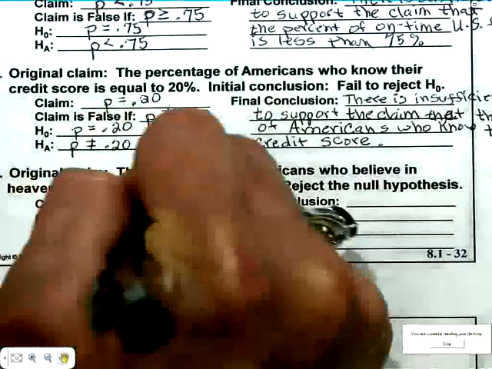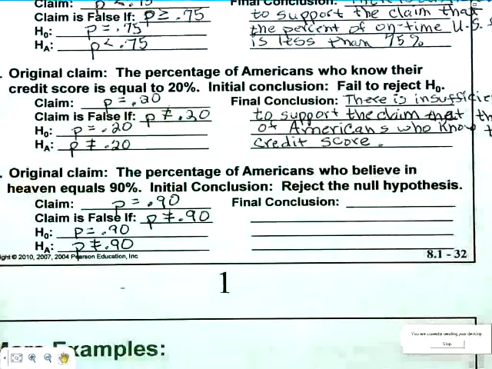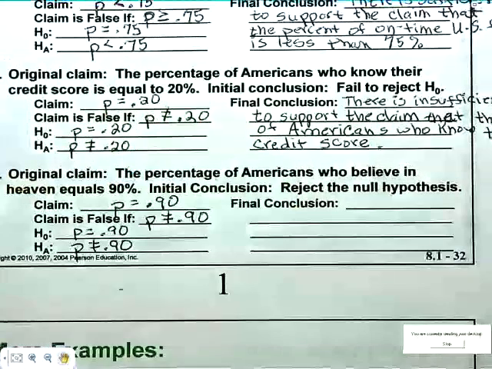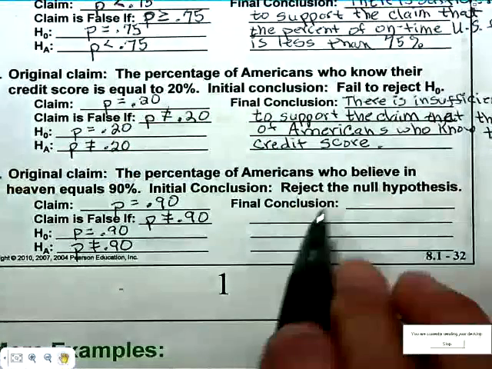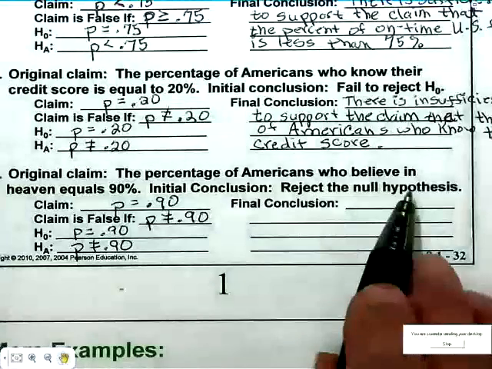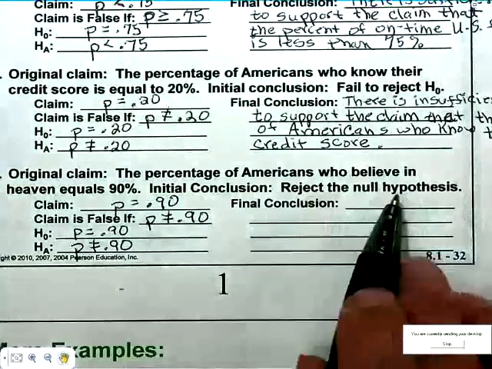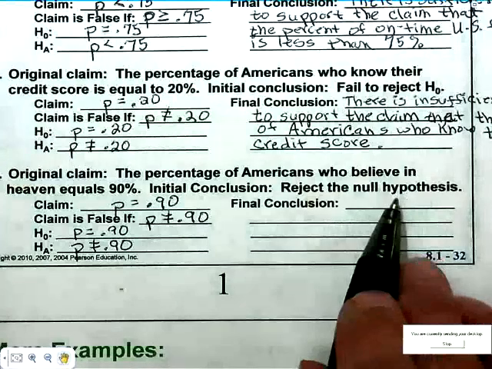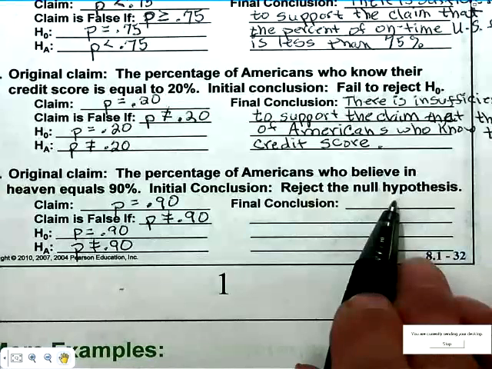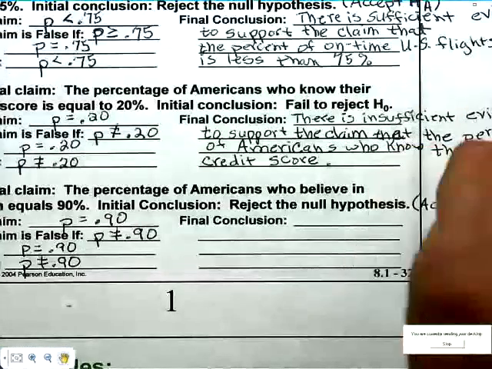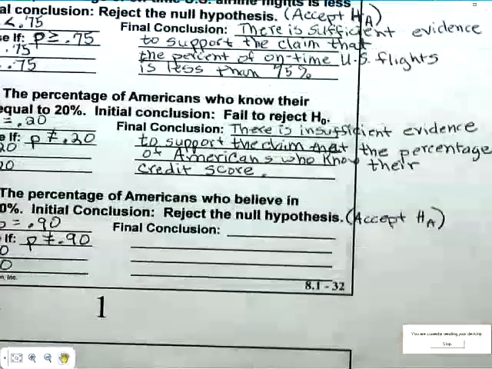That's the beginning. Play like the calculator has done the middle for us, and we've decided that we have to reject the null hypothesis. Reject the null, in my head, always needs to be followed by the words except what? Except the alternative hypothesis. So whatever the alternative hypothesis is, you're accepting it.